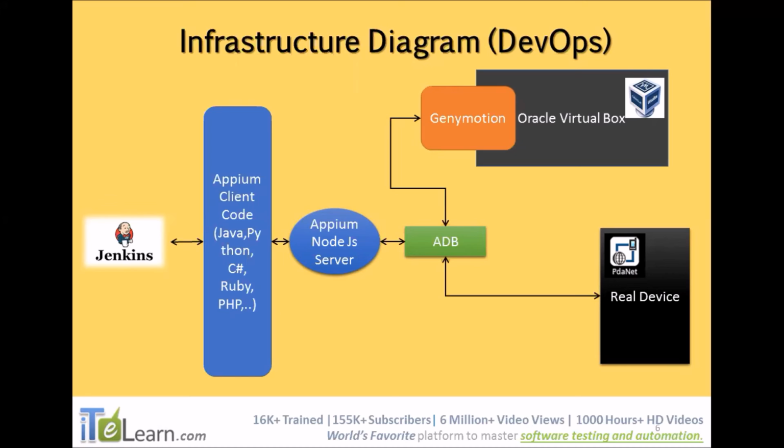So now if you see, there are two types of devices which I have mentioned here, which are actually linked with ADB. So ADB can communicate with virtual devices like Genymotion, and the Oracle VirtualBox which I have shown is nothing but in background a virtual machine is running, which actually is nothing but the emulator that is running.